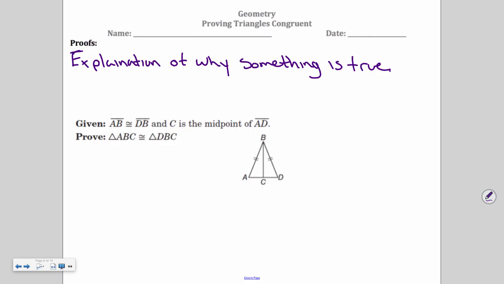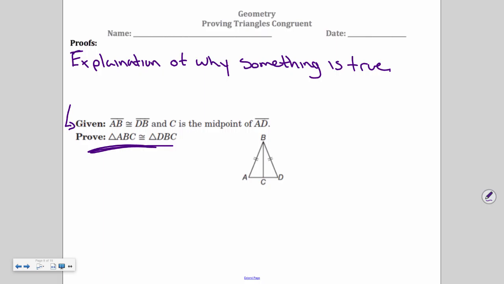In each case, you're going to be given something, and that's your starting point. And then you have to prove why a triangle or prove why an angle is congruent to another angle. So why is this true?